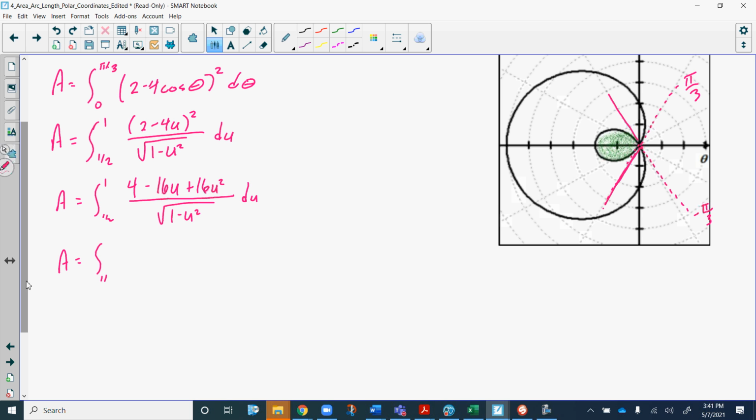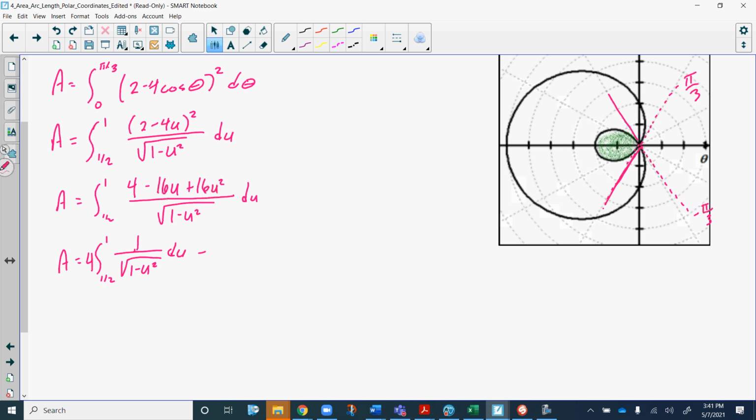I'm going to say 1/2 to 1 of 4 over the square root of 1 minus u squared du, minus the definite integral. Actually, let's just go ahead and take those constants out. Let's just put 1 here and put a 4 here.